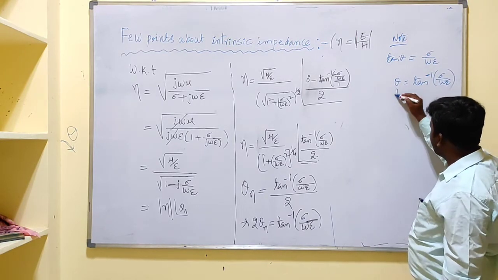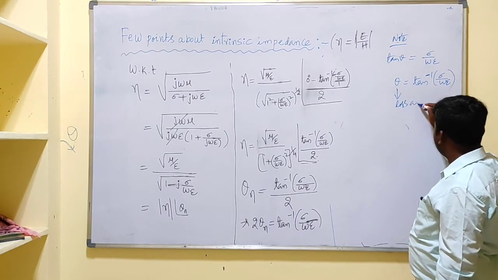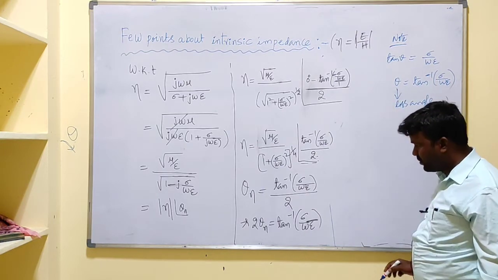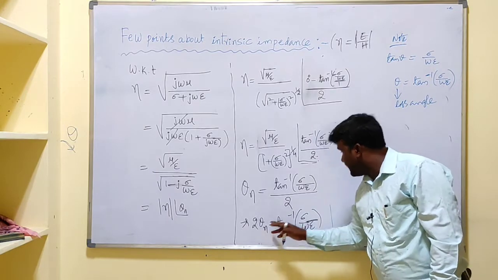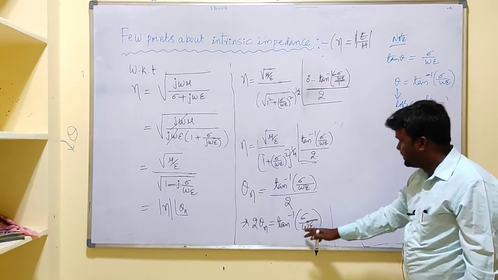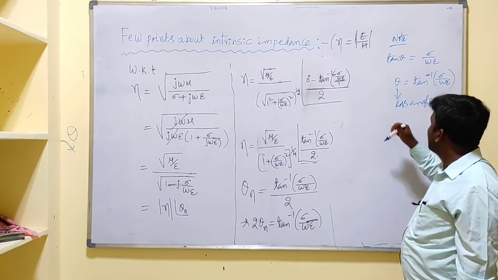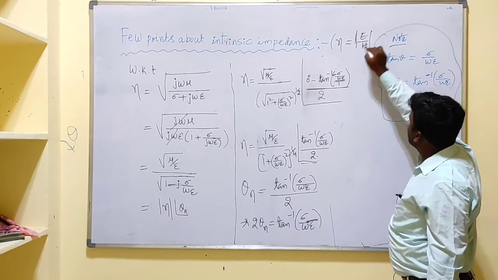So this is called the loss angle. So therefore the relationship between this theta n and the loss angle is given by theta equal to tan inverse of sigma by omega epsilon. Please make a note of this one.